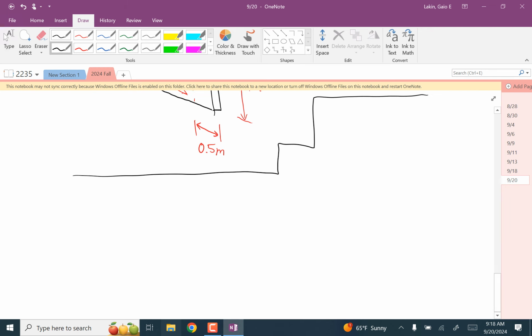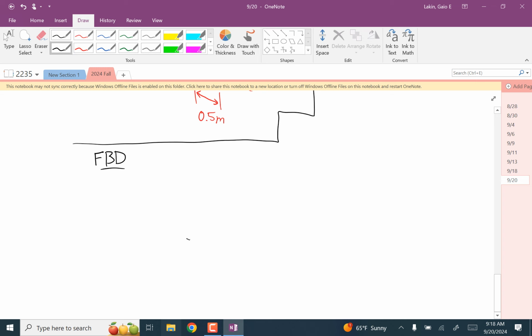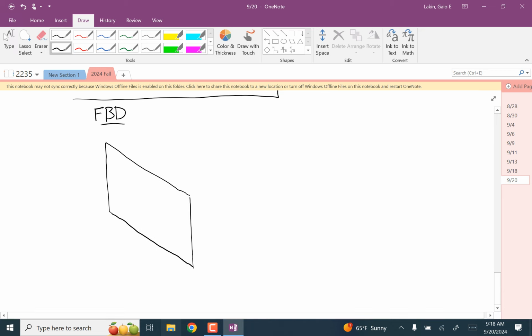So we're going to start with a free body diagram. There's a weight force down. That's 490.5. There's a cable tension here.